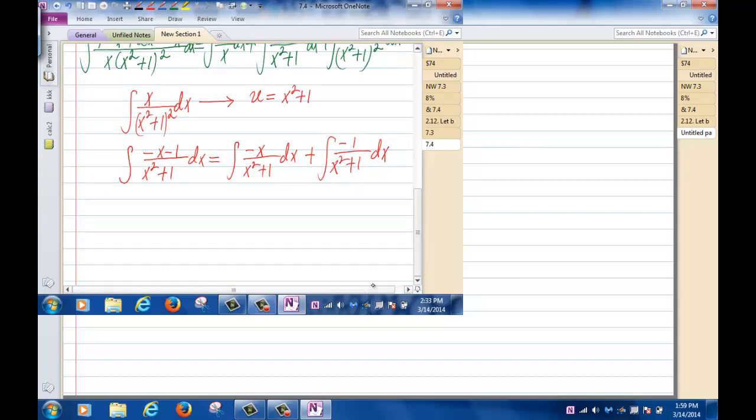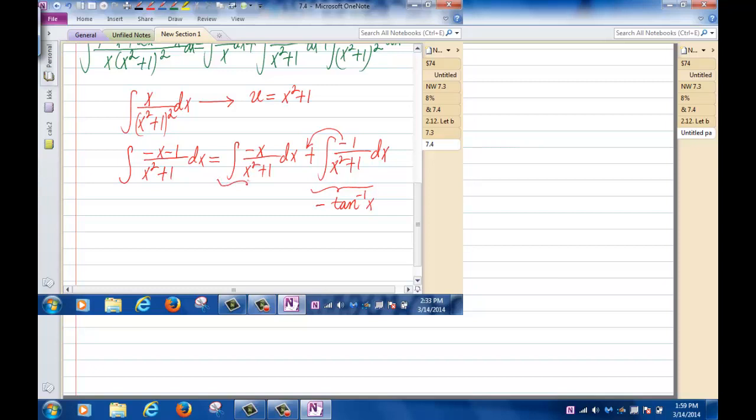This negative can be taken outside, and that will be just 1 over x squared plus 1. And that's the derivative of the inverse tangent. So this would be negative inverse tangent.